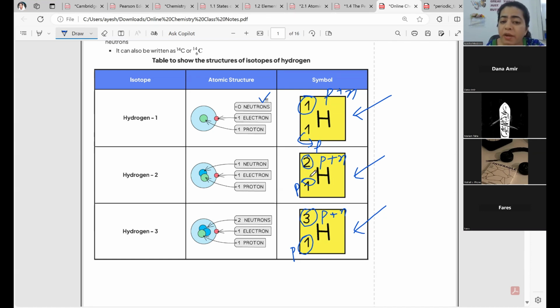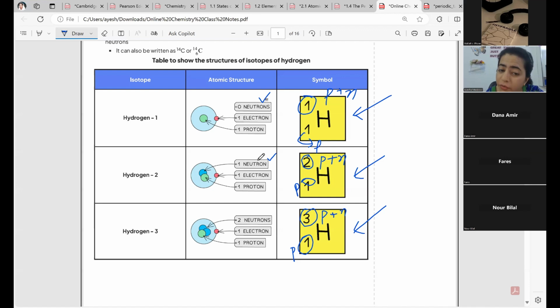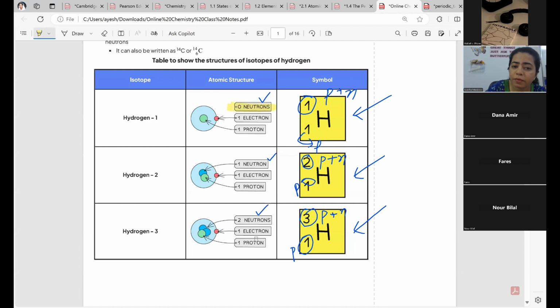For the second type, 2 minus 1 gives you 1 neutron, so this hydrogen has 1 neutron, 1 proton and 1 electron. For the third one, 3 minus 1 gives you 2, so this hydrogen has 2 neutrons. Proton and electron are 1. So what is different here? The number of neutrons are different in the 3 forms of hydrogen.